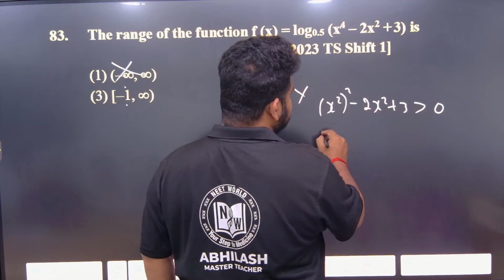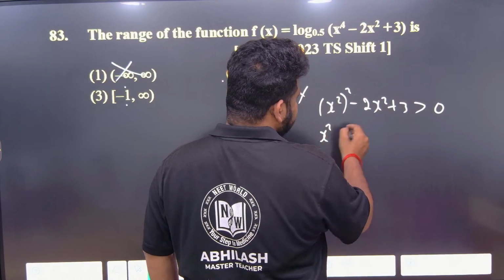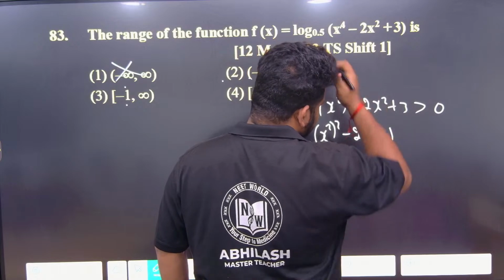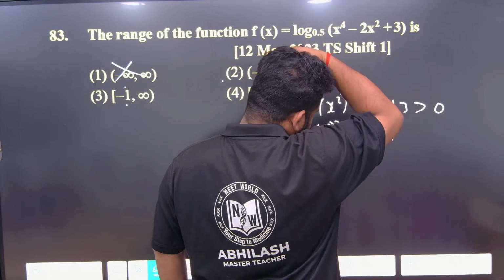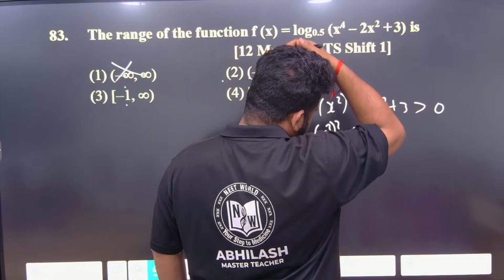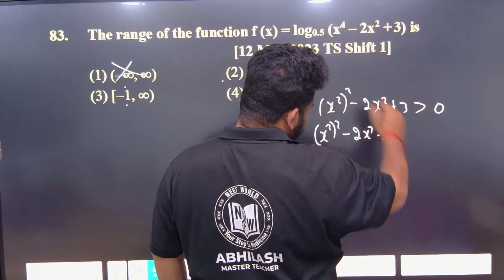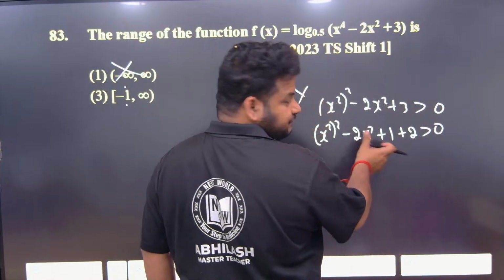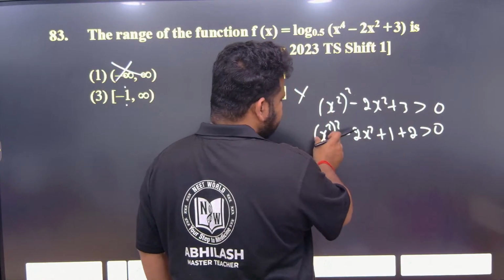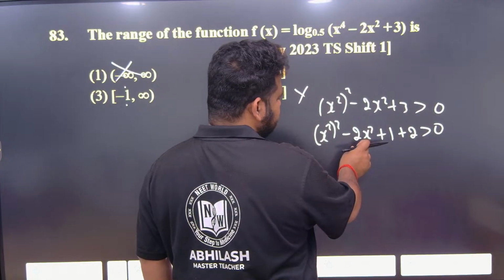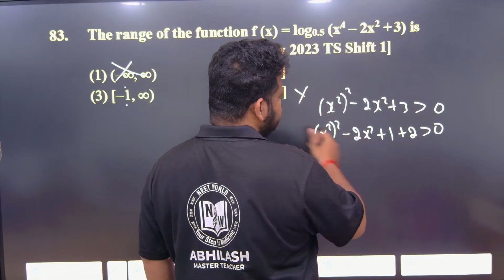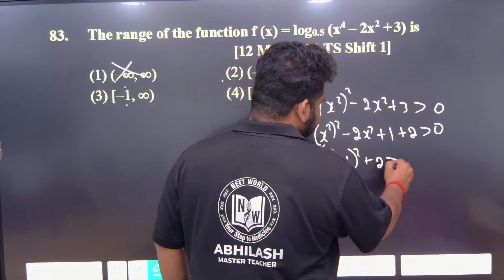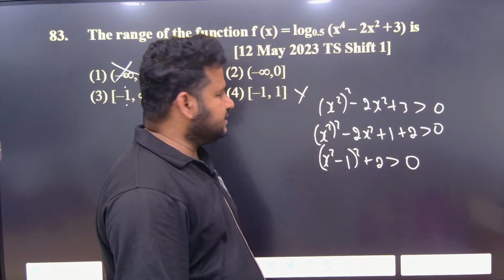I can take it as (x square) whole square minus 2x square plus 1, plus 2, greater than 0. I am trying to make a perfect square: (x square minus 1) whole square plus 2 is greater than 0. Correct?